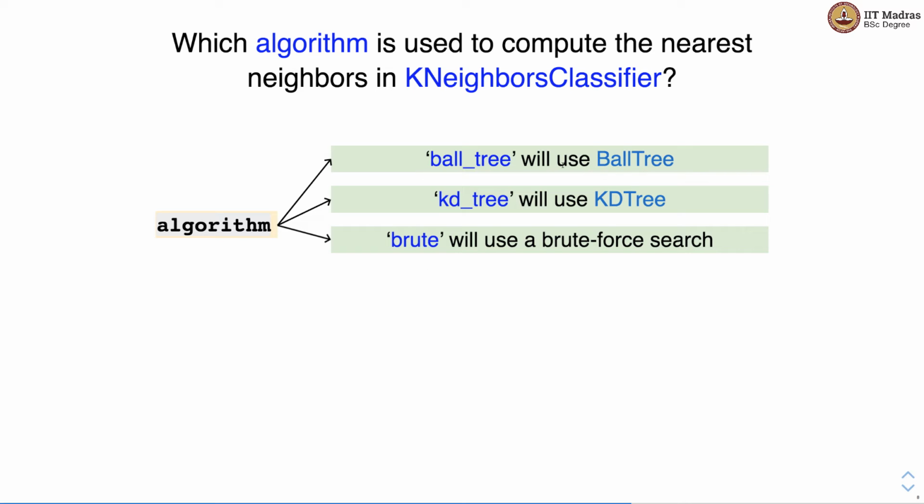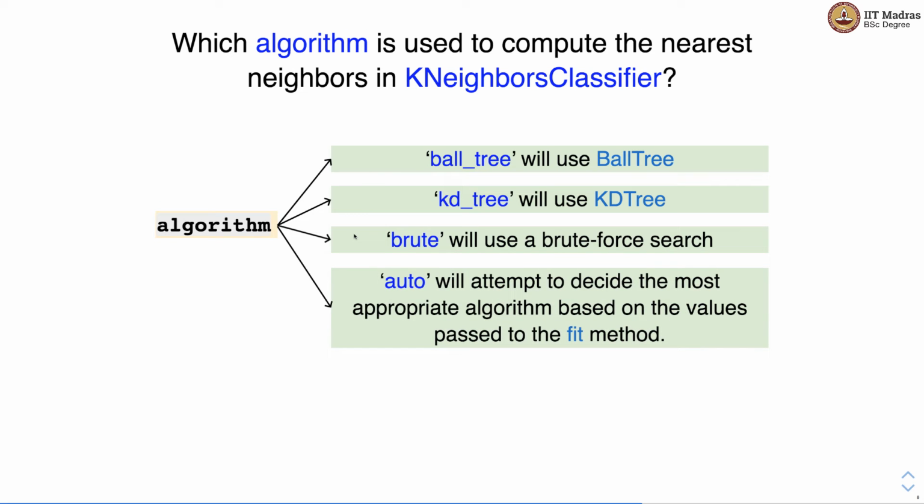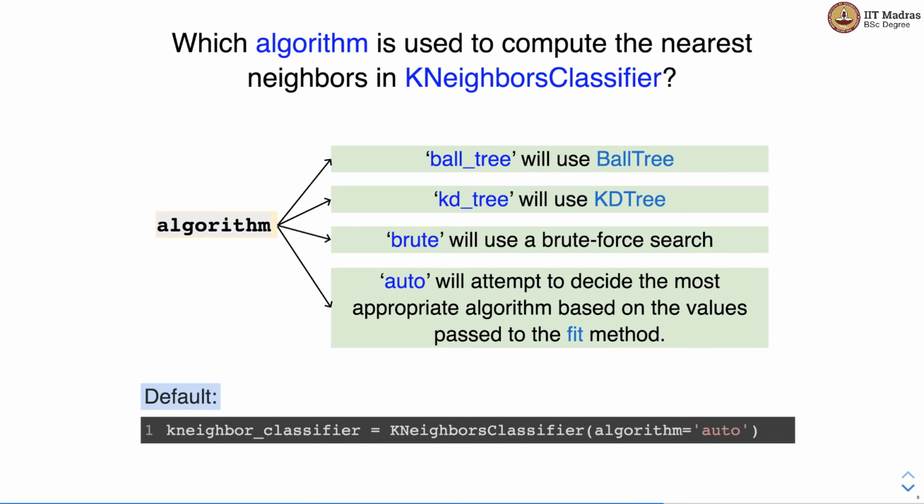Ball tree is specified with ball_tree, KD tree is specified with kd_tree, and brute force is specified with brute in the parameter algorithm. There is also an additional value that the algorithm parameter takes, which is auto, that decides the most appropriate algorithm based on the values passed in the fit method. By default, the algorithm parameter is set to auto.